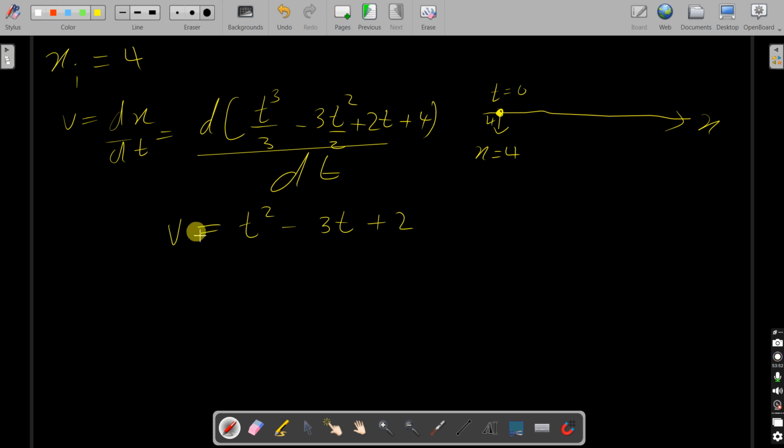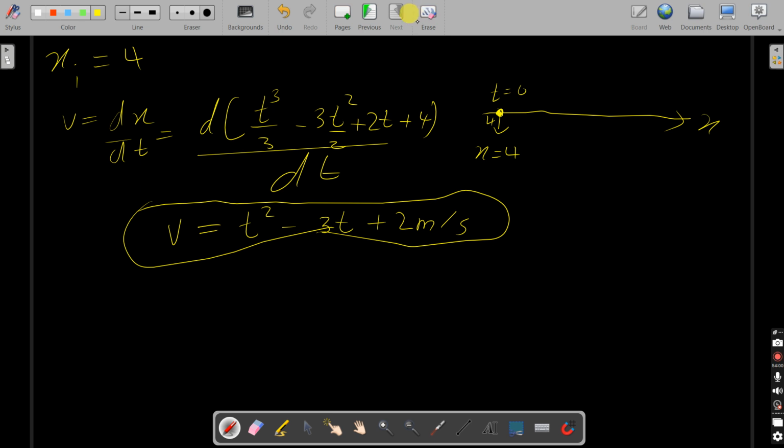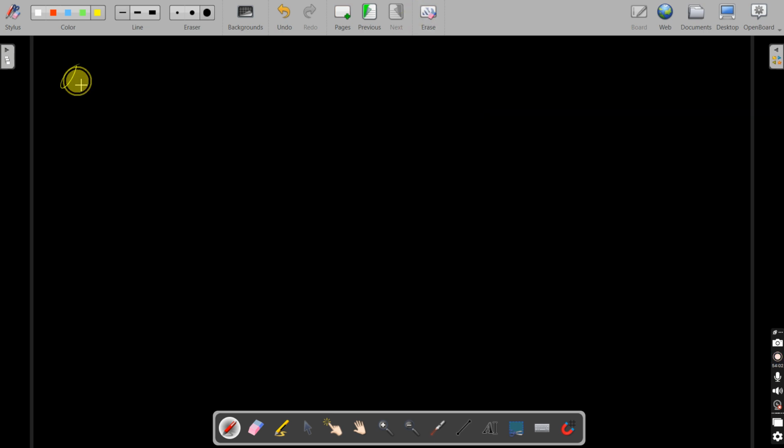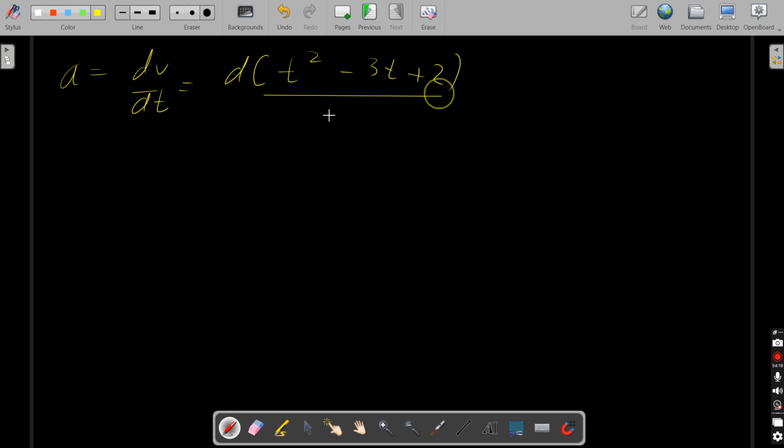So our velocity is this, meter per second. We also have to find acceleration, which is dv upon dt. This will be differentiation of the velocity function, t square minus 3t plus 2 upon dt. This becomes 2t minus 3. So acceleration is 2t minus 3 meter per second square.